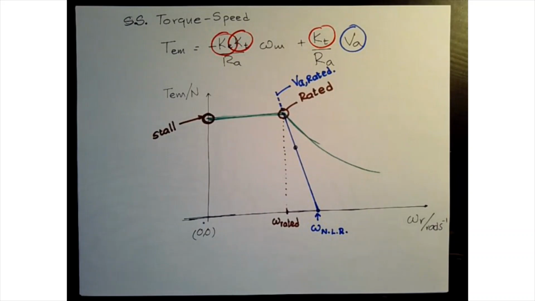Is that correct? The easiest way to explain that is, if you think of an open loop system, then if you change voltage, your current is going to change, and then it's going to affect your speed.